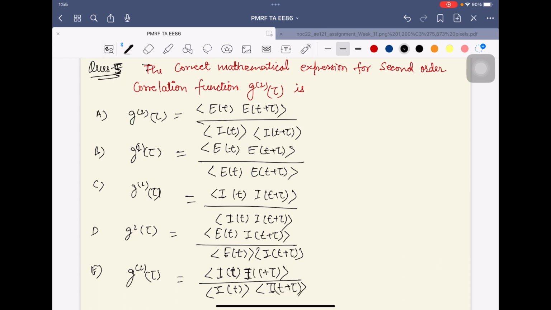Okay, so this is E amplitude, but g2(tau) is the intensity fluctuation, a measure of intensity fluctuation. So this will be wrong. g2(tau) is never E, so this will also be wrong. And here, if you see, this is given equal to 1, so this is also not the expression for g2(tau).